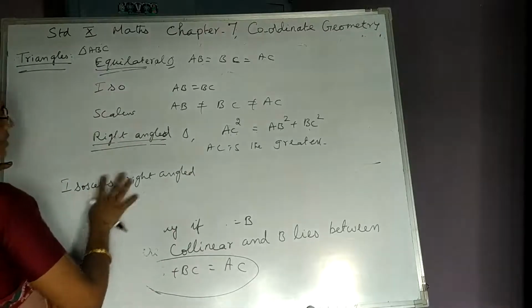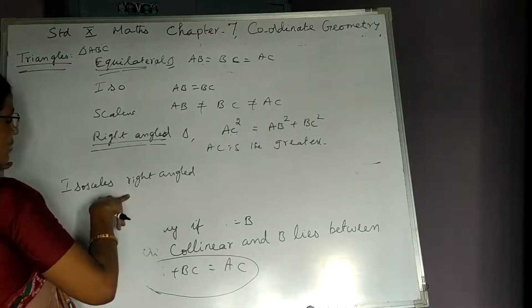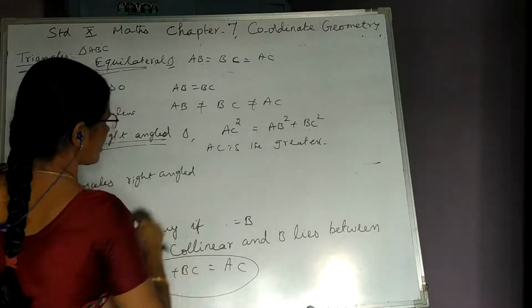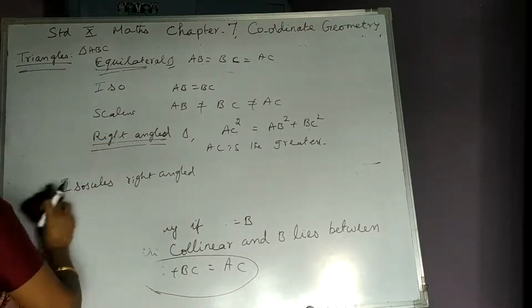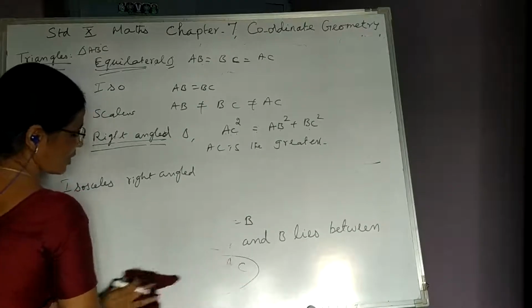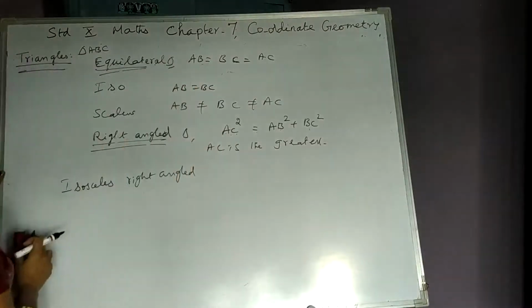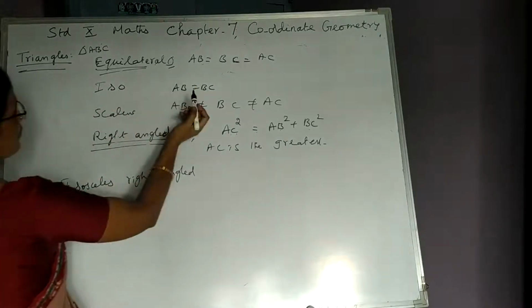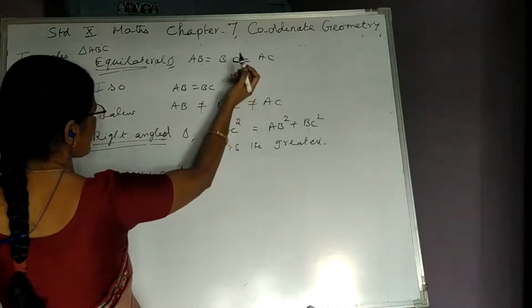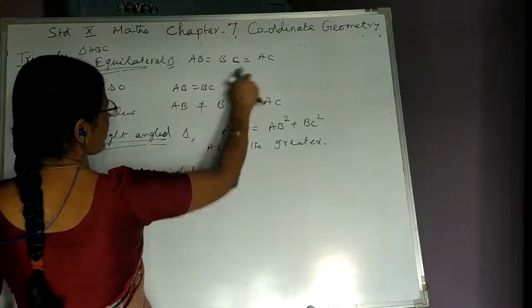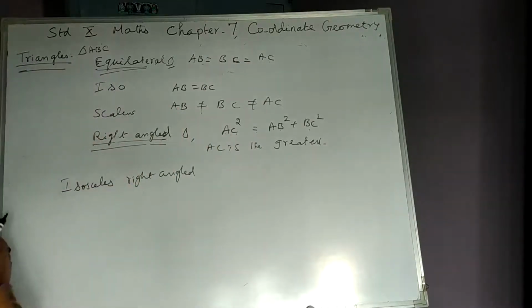If it is an isosceles right angle triangle, two sides we have to prove equal and the square of the biggest we should prove is equal to the sum of the squares of the remaining two sides. So all these conditions we should remember to complete the exercise. Easily using the distance formula we can find all this. The only thing is, after finding AB, BC, AC, these are the concluding points that we should remember.